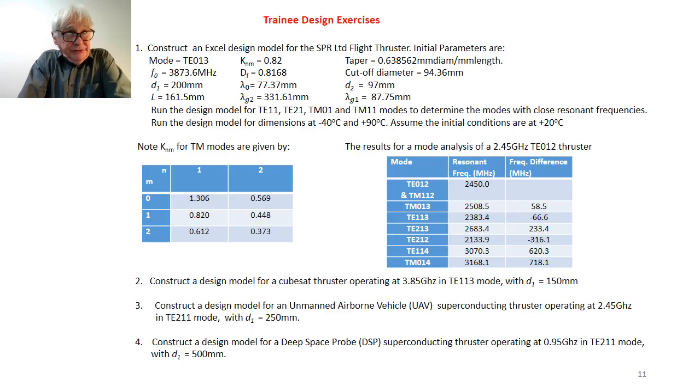As a final set of interesting data, I suggest you run your design model for different temperatures. So you need to calculate the dimensions at the two extremes, for instance, of the qualification temperature range, minus 40 degrees C being the low end and plus 90 degrees C being the top end. Run the design model and make sure that the system will still work under these extremes of temperatures.